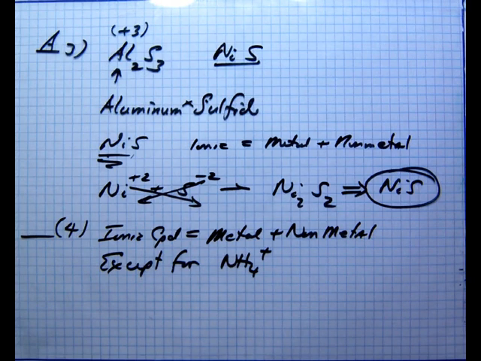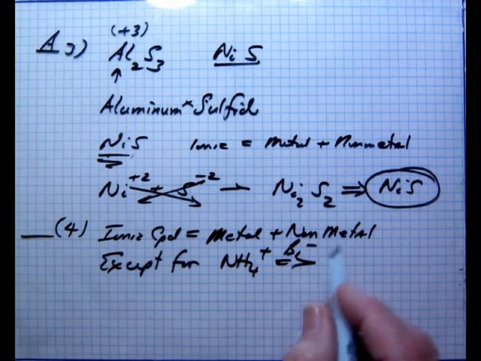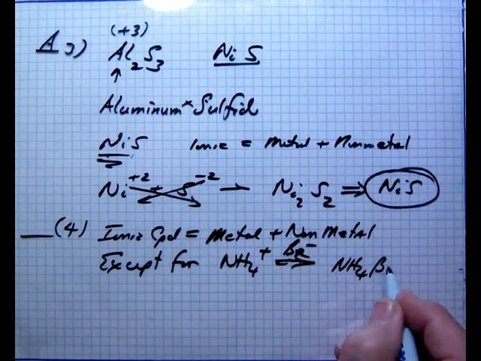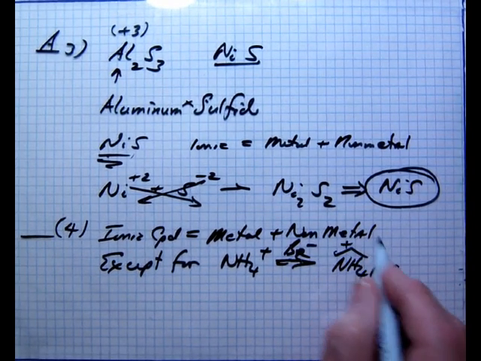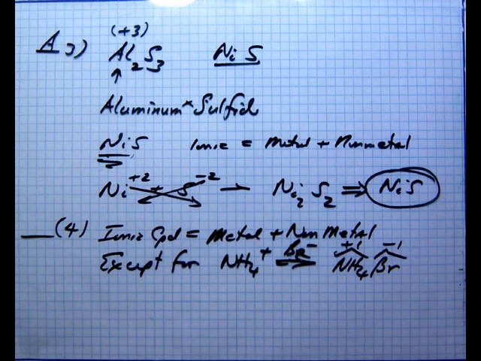Now in the future, there are cations that enter into ionic structures, but that comes up in second semester, and we'll cover them. But for right now, the only non-metal cation that you'll have to worry about is ammonium. For example, Br minus, this might come up, ammonium bromide as a salt. Well, this is a +1, this is a -1, so the charges equal 0. Okay, now just re-emphasizing that.